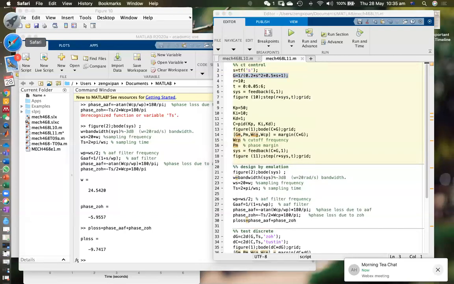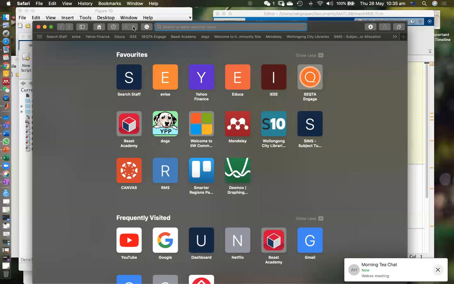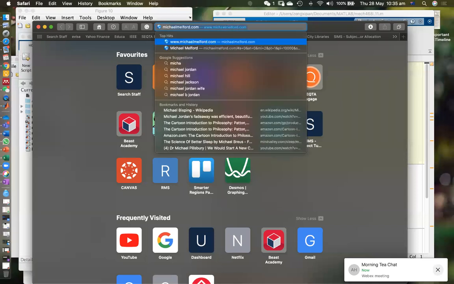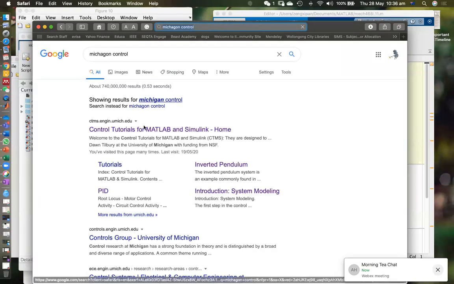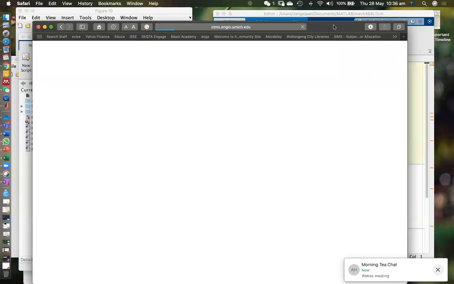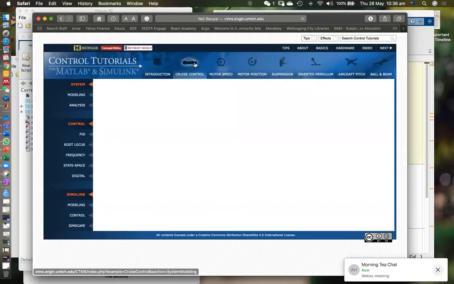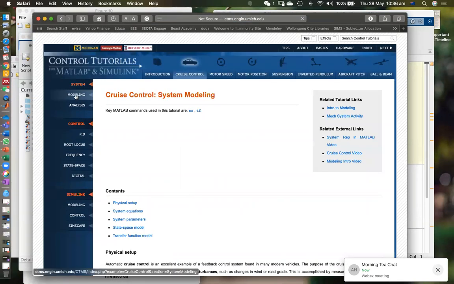If you just go here, there's a few models. If you go to the modeling, say this is cruise control for a car.